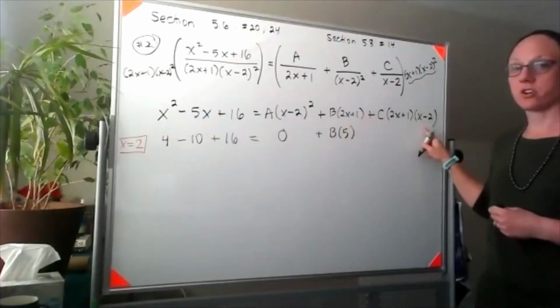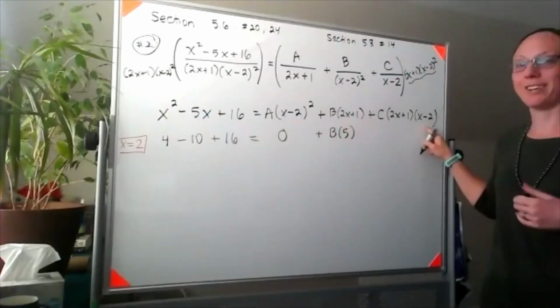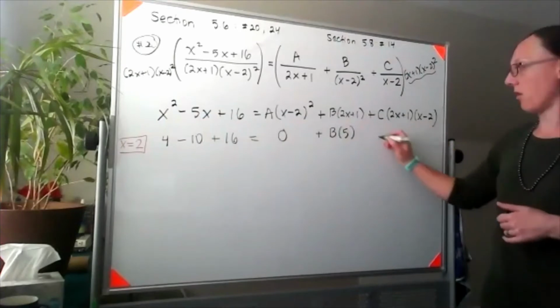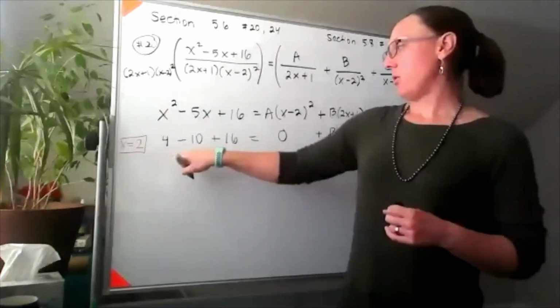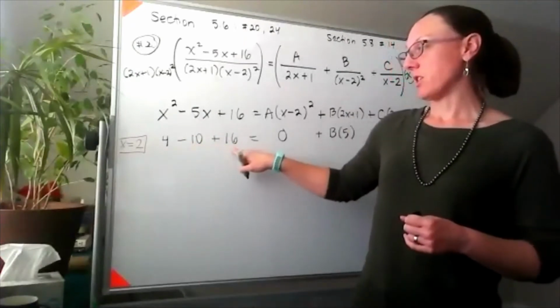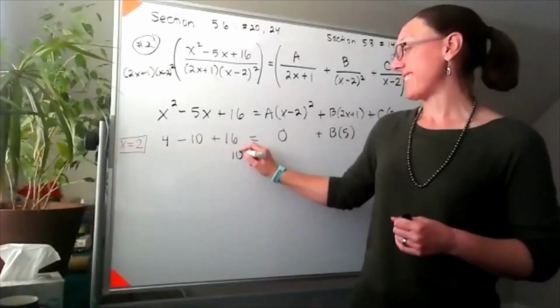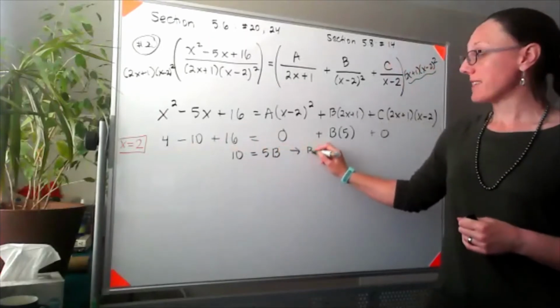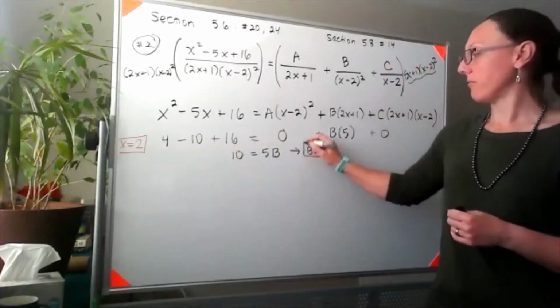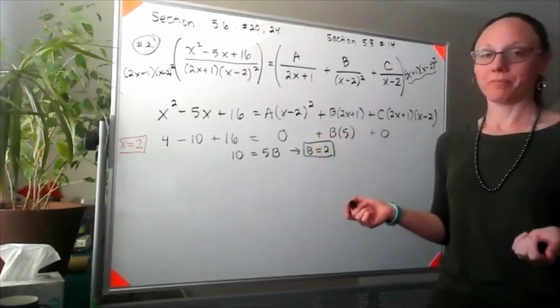And when I plug in 2 here, this last term will also go to 0. Oh, 4 plus 16, I'm at 20 minus 10, so that's 10 is equal to 5b, which means I've already found the value of b. It's going to be equal to 2.